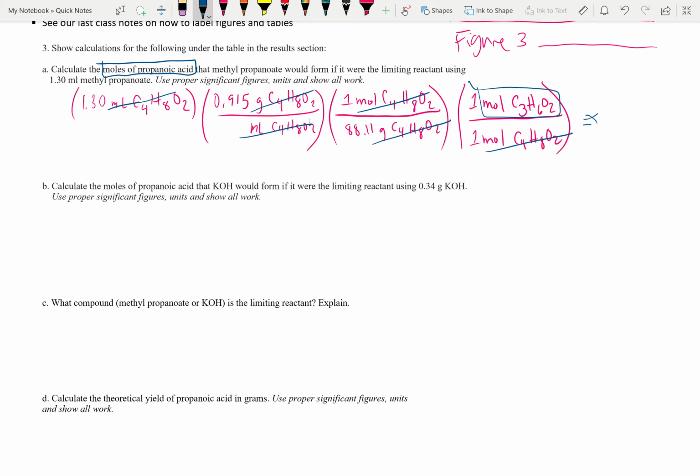So if you do the math, you are left with 0.0135 moles of C3H6O2.